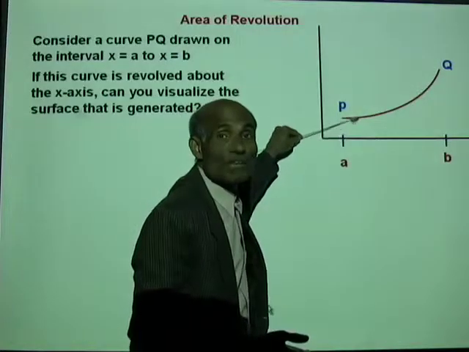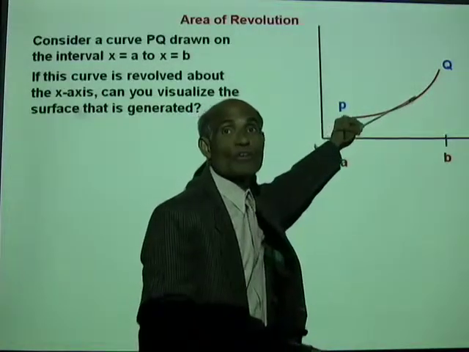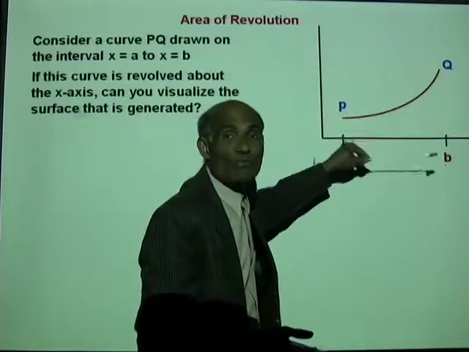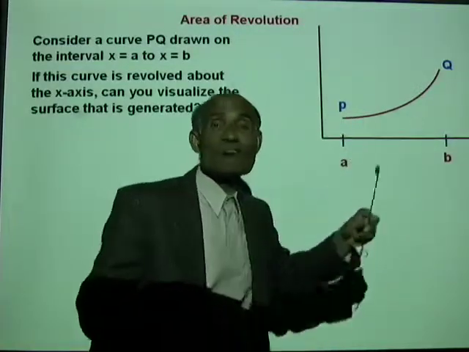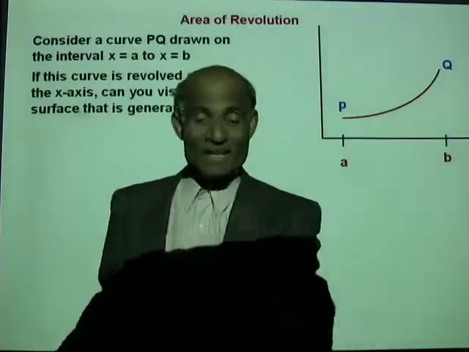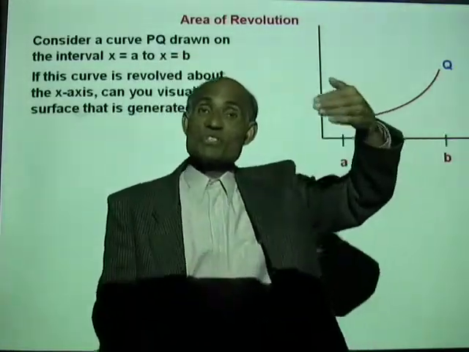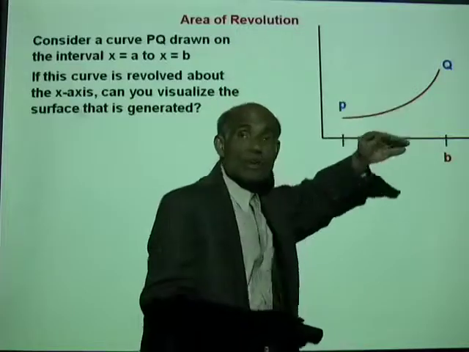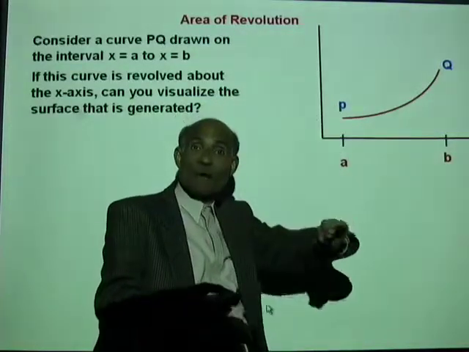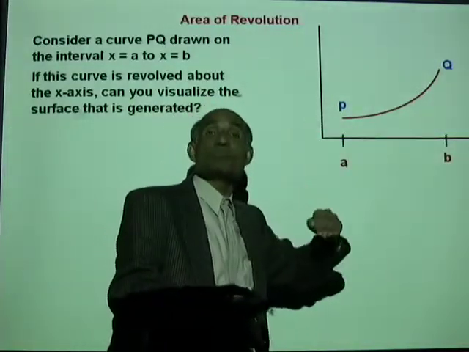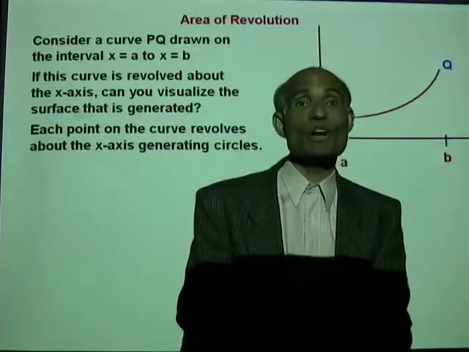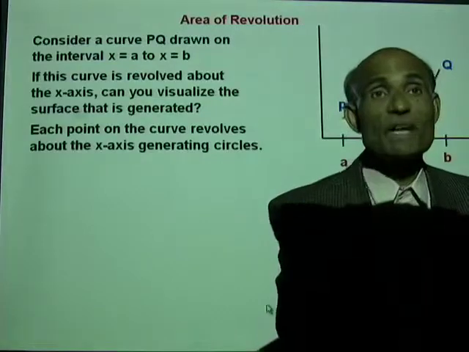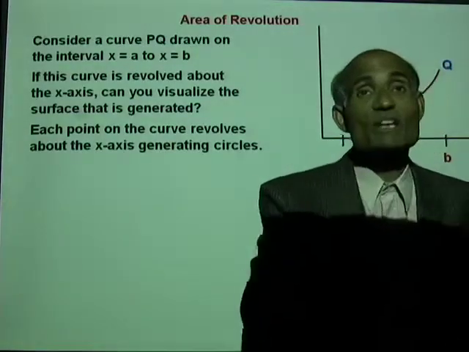That means an infinite number of points on the curve, when revolved about the x-axis, will generate an infinite number of circles. And the surface generated by the curve is actually defined by these infinite circles. Each point on the curve revolves about the x-axis, generating a circle.